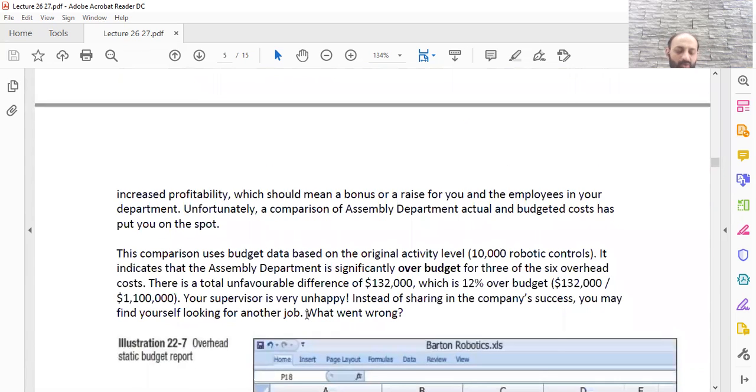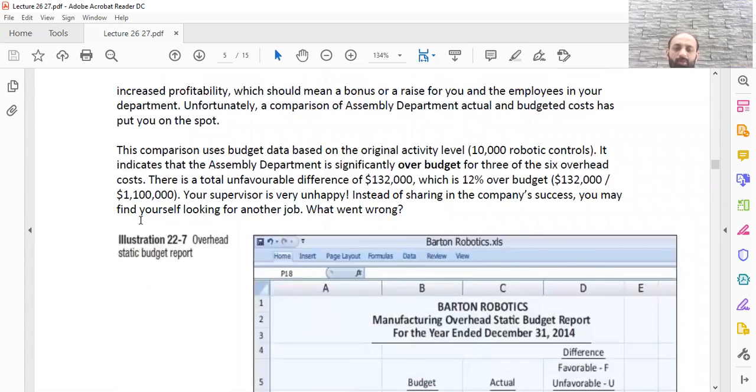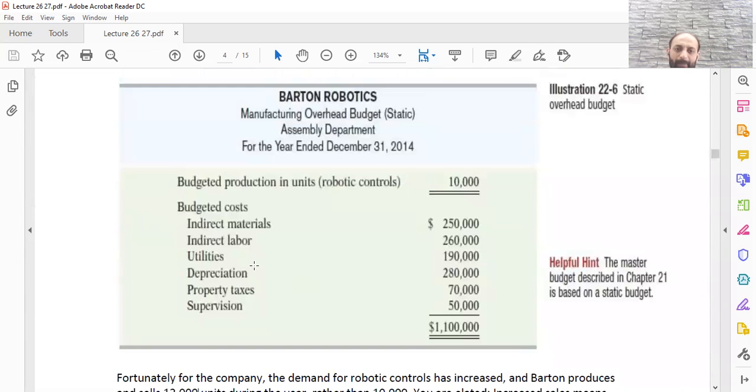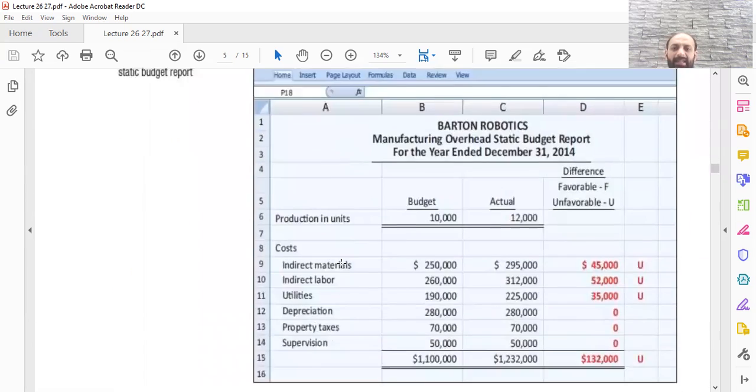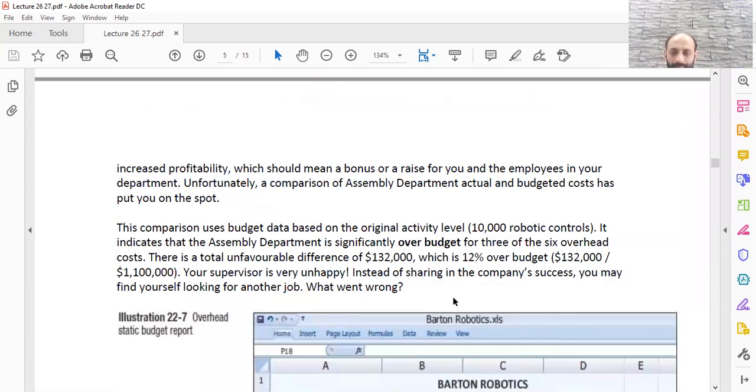In a normal situation, that would be considered a very good indication. But when the company compared its actual manufacturing overhead with the budgeted manufacturing overhead, it realized that the actual was higher than the budgeted.